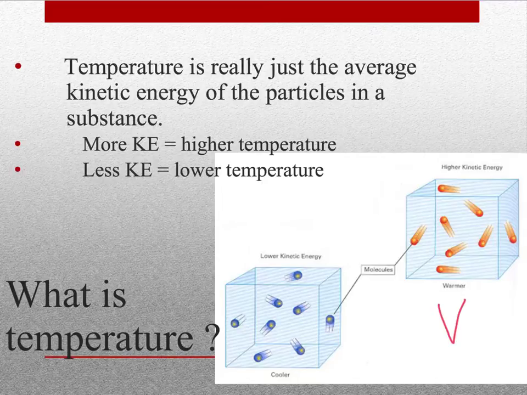But if instead you have particles that are just moving slowly, they have a low velocity, very small velocity, and they have a lower temperature because temperature is the average kinetic energy of the particles in a substance.